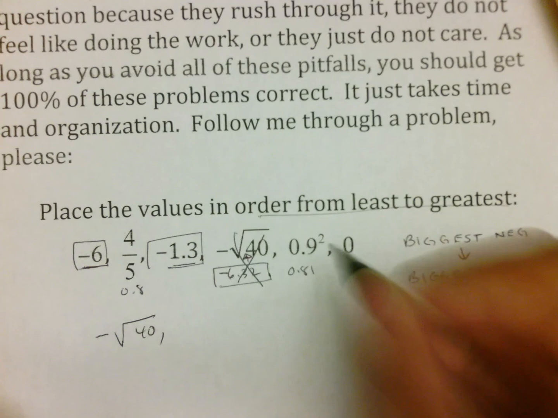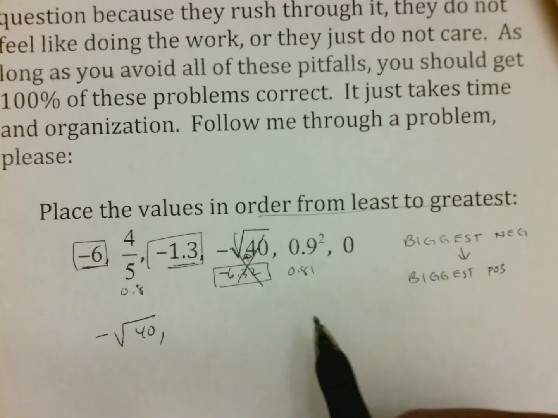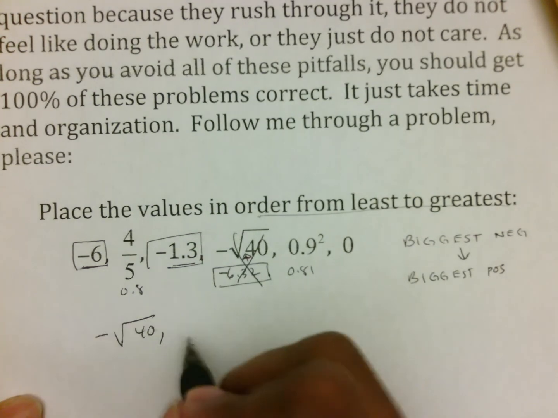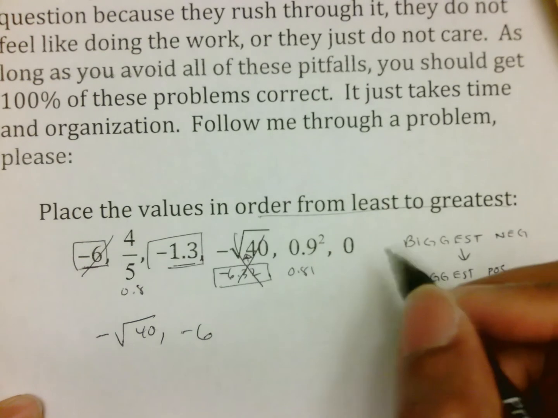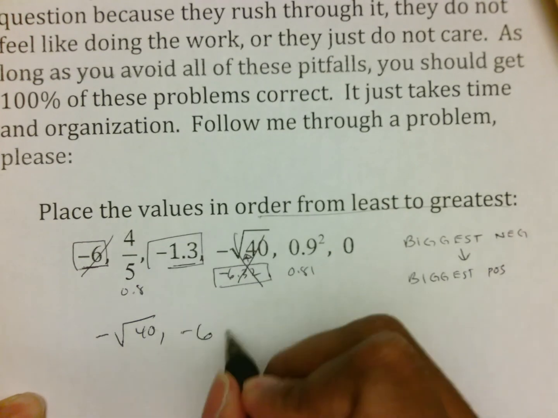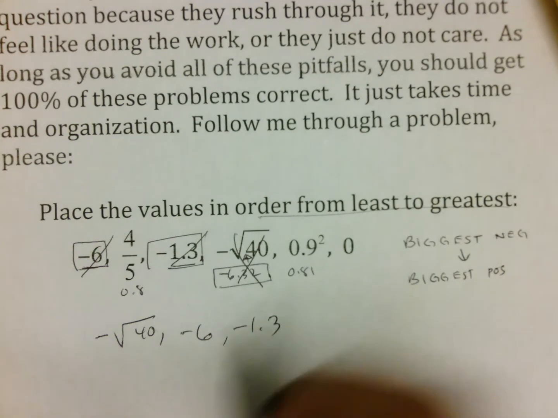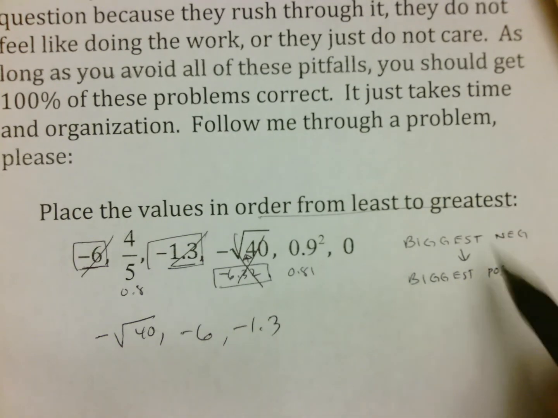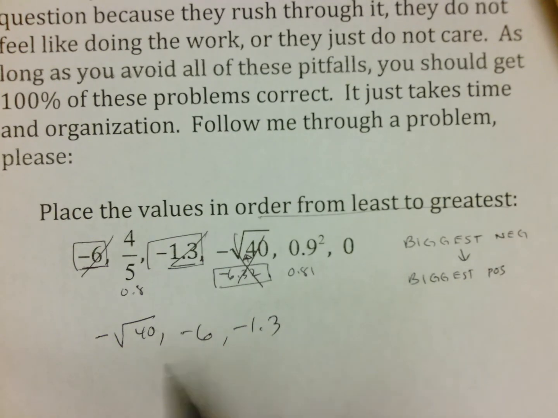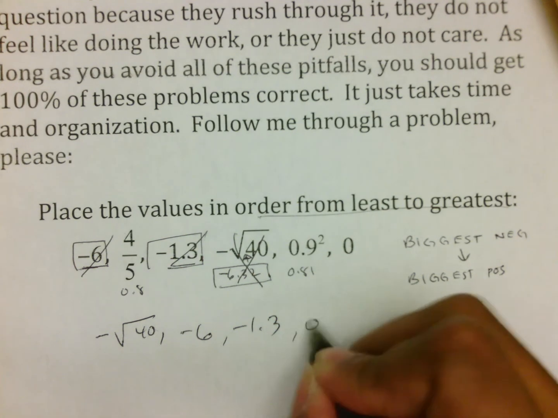And then I would cross that off the list. The next biggest negative is negative 6, and cross that off the list. The next biggest negative is negative 1.3, and cross that off the list. Now you're on your positives. So remember, it's biggest negative to biggest positive, which means we're looking for our smallest positive number, which is in between them, 0.